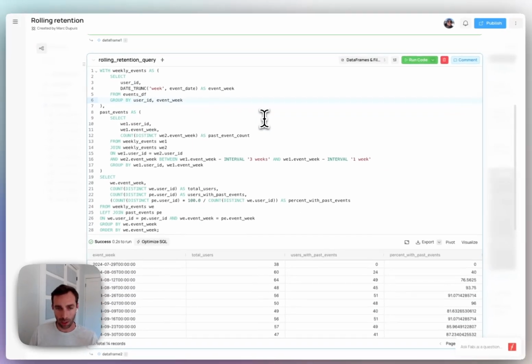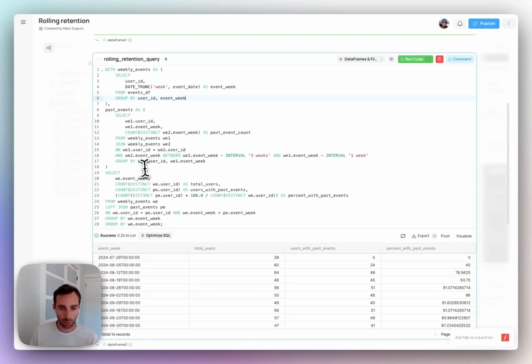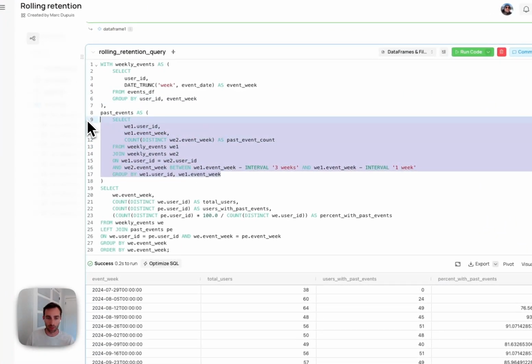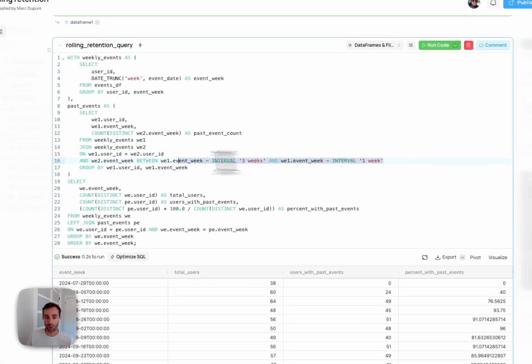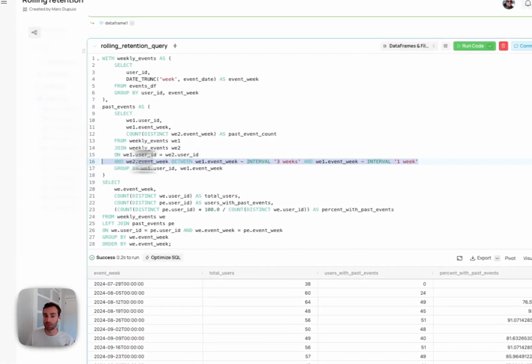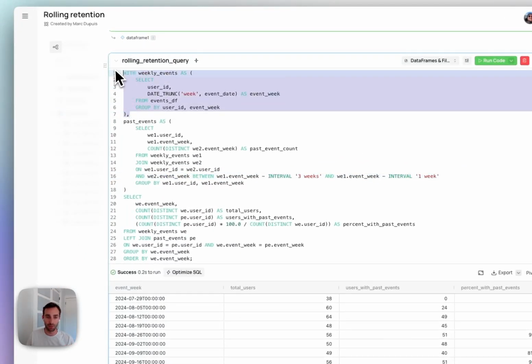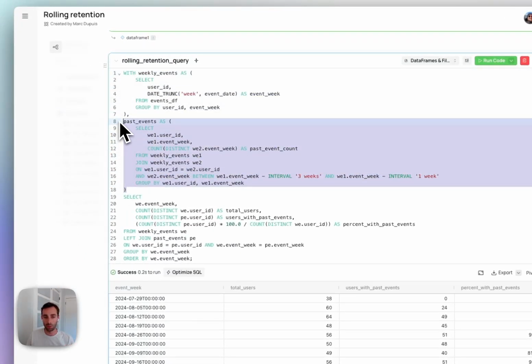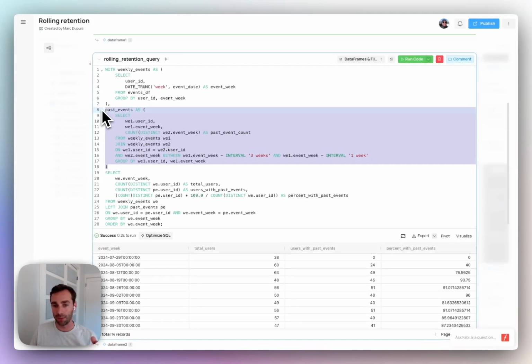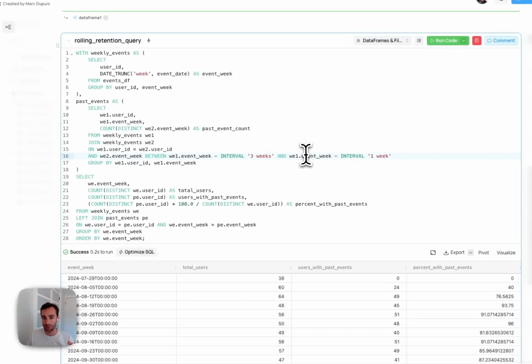It's not incredibly complex, and the crux of the query is actually this here, where what we're doing is looking at the past events and at which users were present within a certain past interval. There's a CTE here to grab the weekly events, and then effectively we're looking at which users have had an event in a past select window.